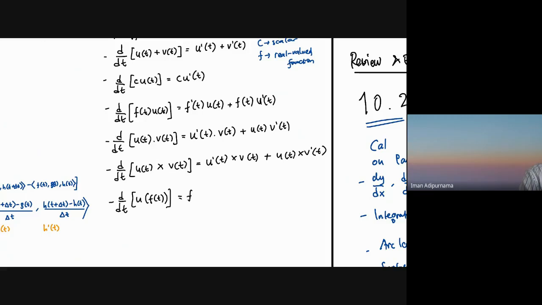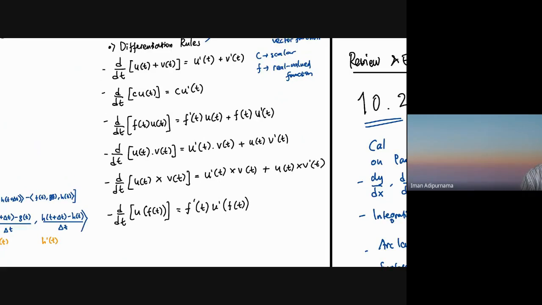And then the last part is the chain rule. It's similar to calculus 1, but just to add some notes for the dot product and the cross product. The others are the same: how we use the product rule, the chain rule, and multiplying with a scalar, all the same.